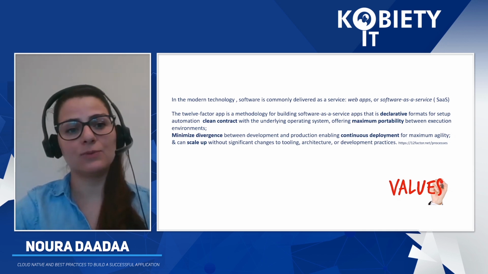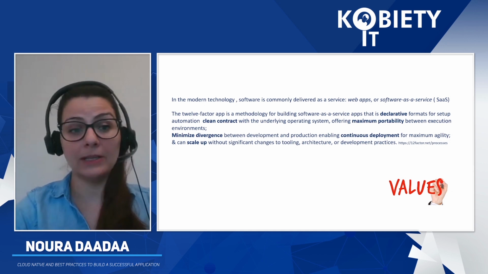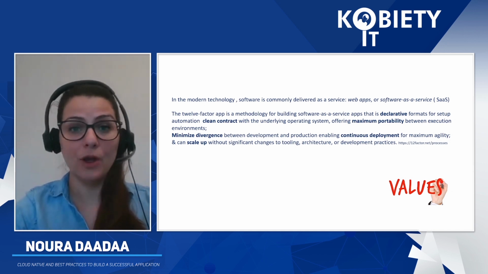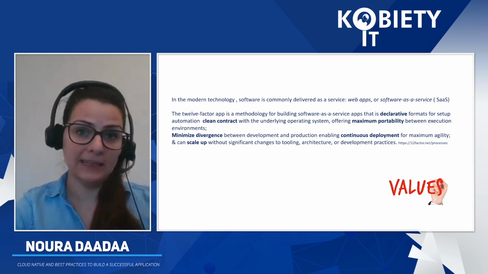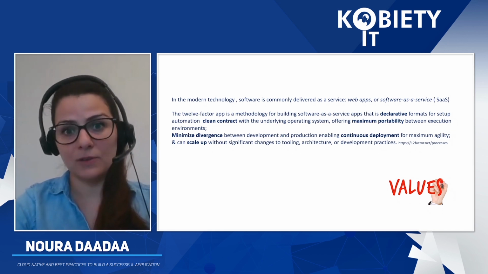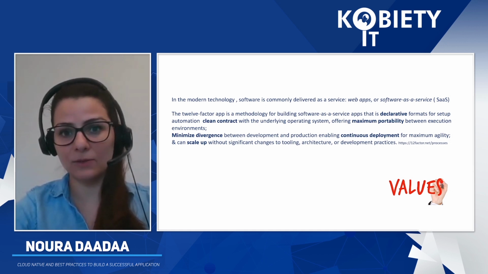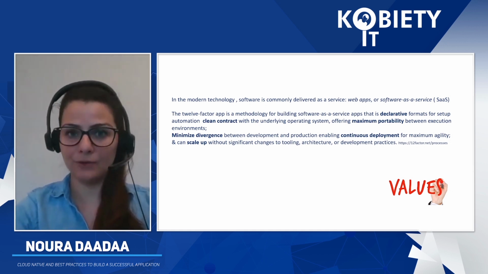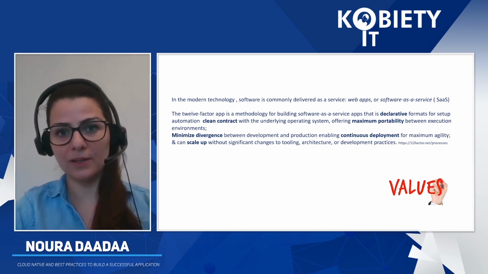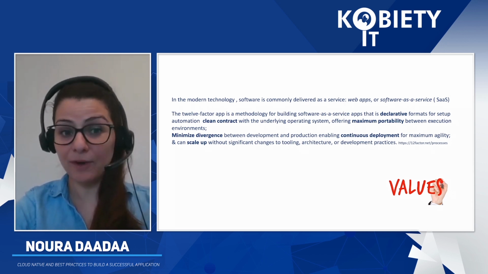So the idea of the 12 factors is building software that is declarative, meaning the software has to be automated and scale up and down when needed and when not needed, so that investors will see the return on investment. If an application is built on those 12 factors, there is efficiency in how it is deployed on the customer side, as well as in the labs, which is the internal development environment.